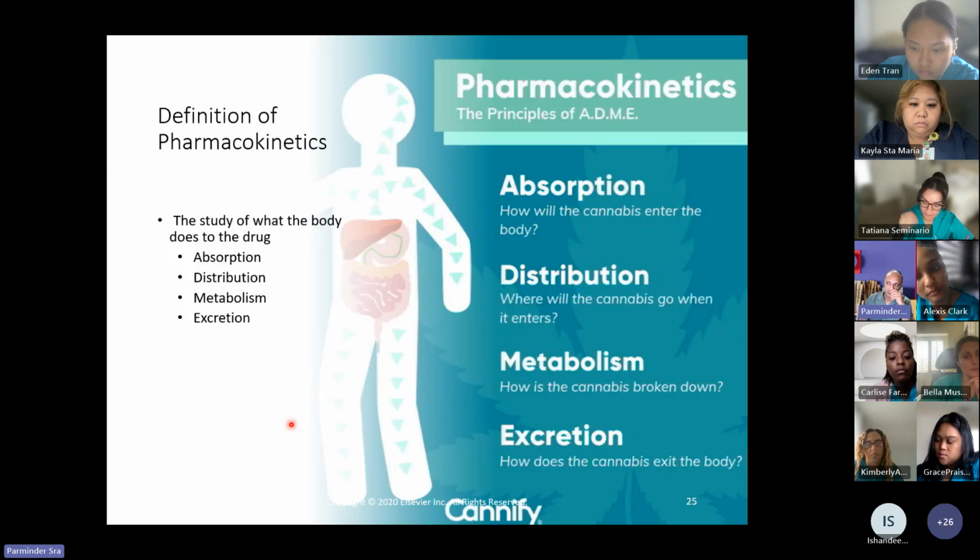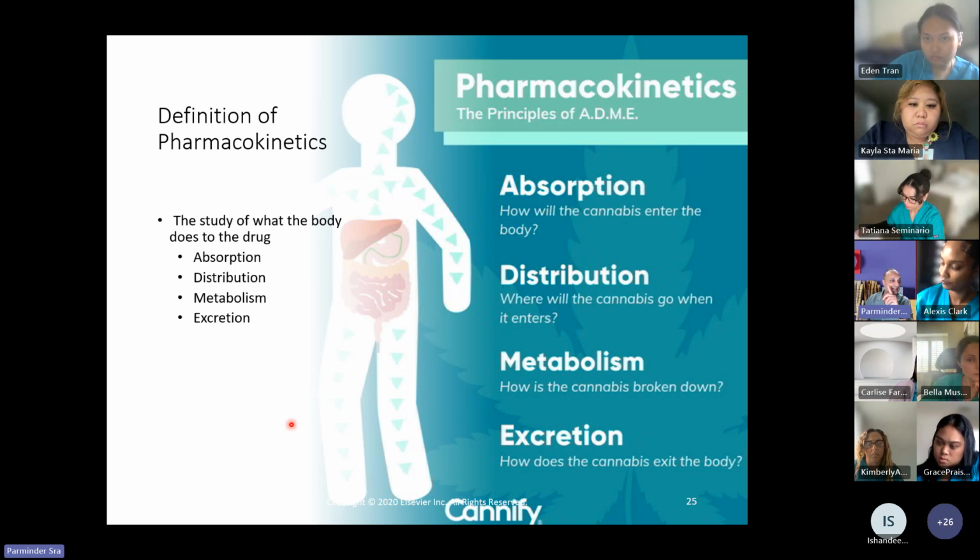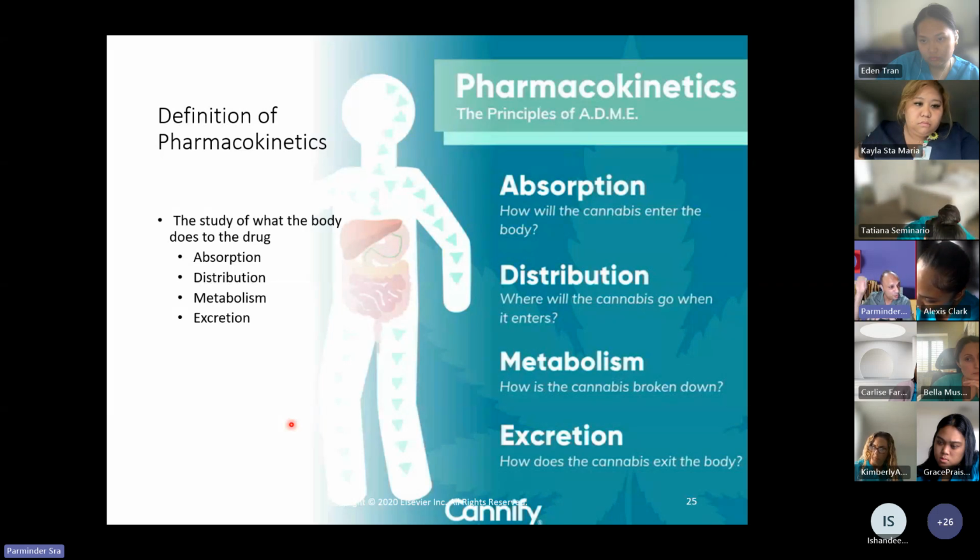Now, for any drug, from entering to exiting the body, there's a lot that happens in there. And that study is called pharmacokinetics. Pharma means drug, kinetic means movement. So the movement of the drug in the body is called pharmacokinetics, right?